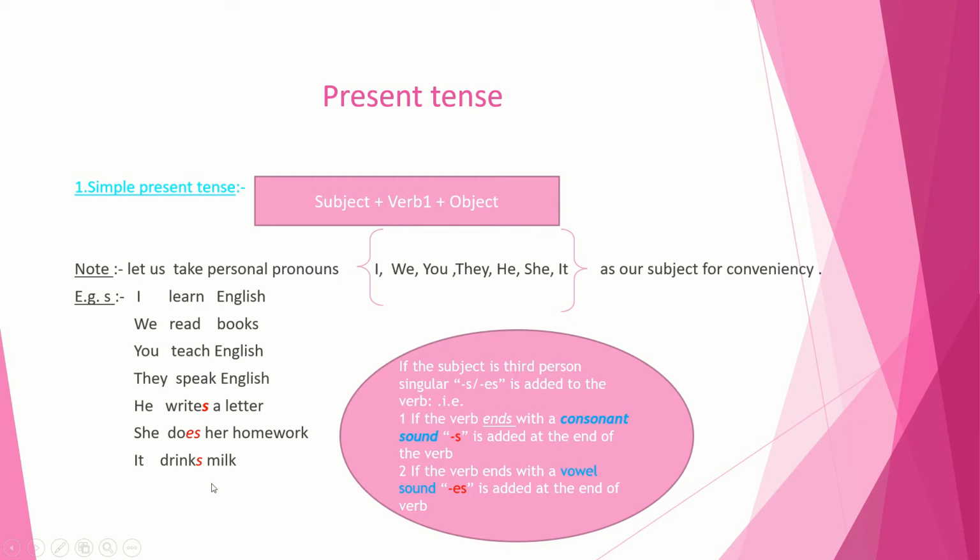Why do we add s or es to the verb when the third person singular is there in the sentence? In the simple present tense, if the subject is third person singular, we have to add s or es to the verb.